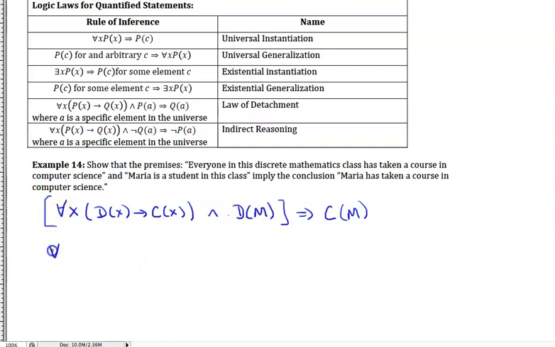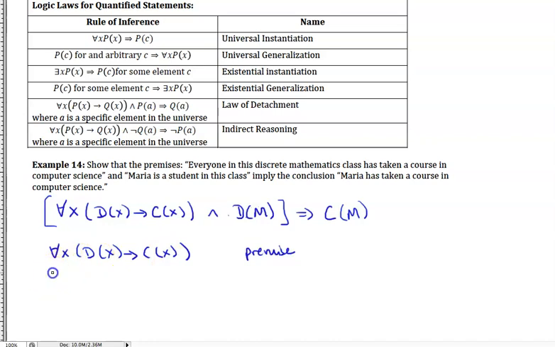We'll start with the premise. For all x, if D of x then C of x. So if the person is in a discrete math class, then they have taken computer science. That's a premise.